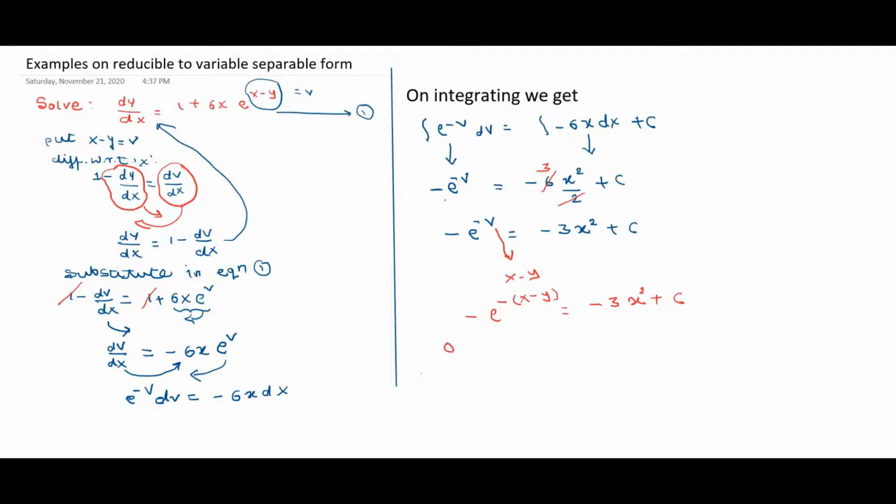Or we can write, multiplying both sides by minus sign, e raised to minus (x minus y) is equal to 3x square minus c. So this is the required solution.